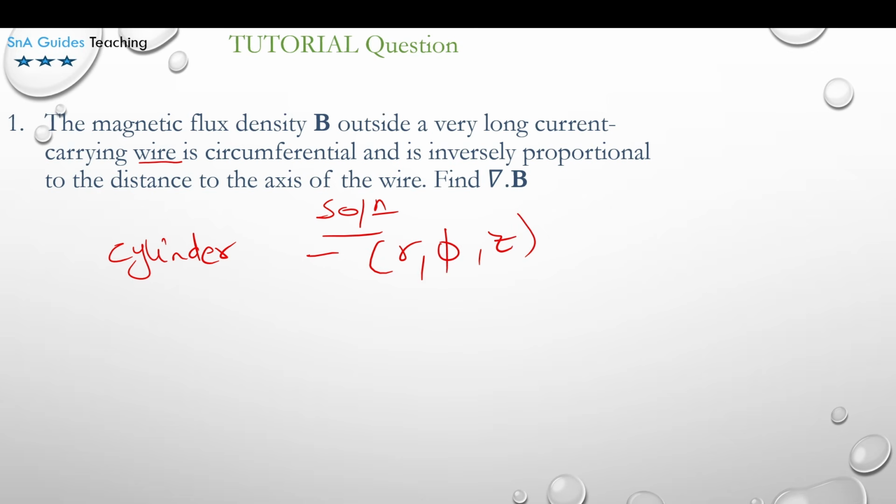All right, so let's try and write the equation for B. B is inversely proportional to the distance to the axis of the wire.